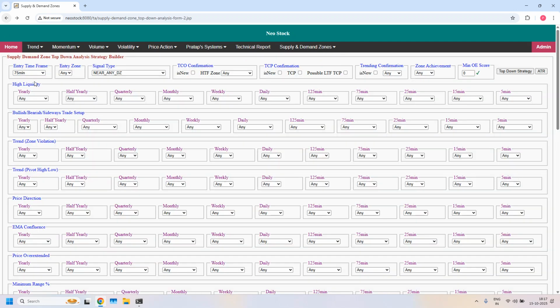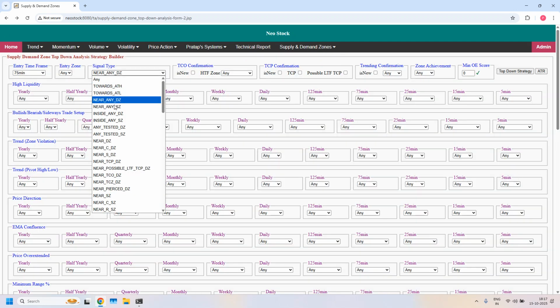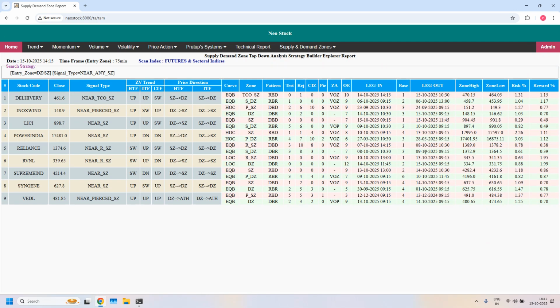Okay, next for the 75 minutes time frame, stocks near to the 75 minutes supply zone, we got 9 stocks. Let us identify high liquidity 75-minute supply zones from this list. Reliance is having a 75-minute high liquidity supply zone. It is also having a 75-minute high liquidity demand zone.